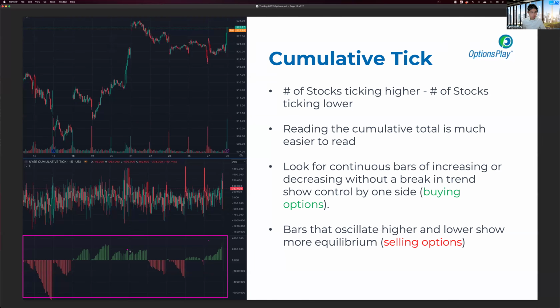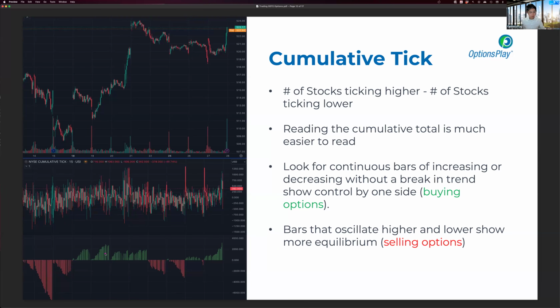These cumulative tick candles reset every single day, and there is color coding that gives you a sense for whether there's an increasing or decreasing tick that's consecutive, or whether it starts to break down. If you get consecutive red bars, that tells you the tick continues to stay negative and is getting more negative.